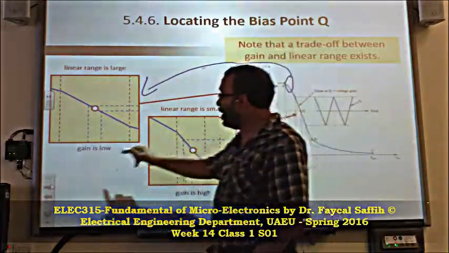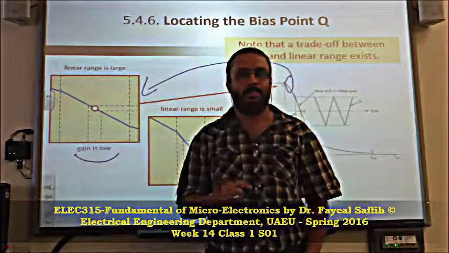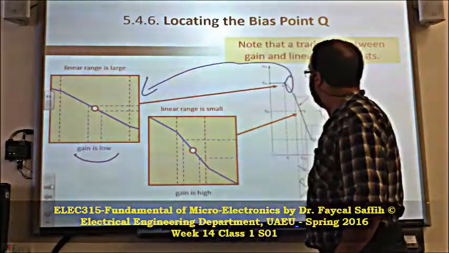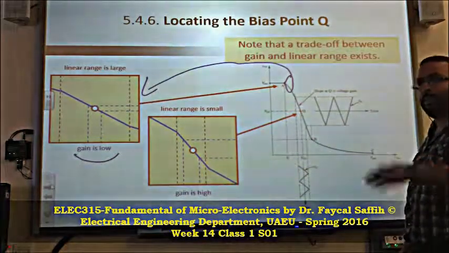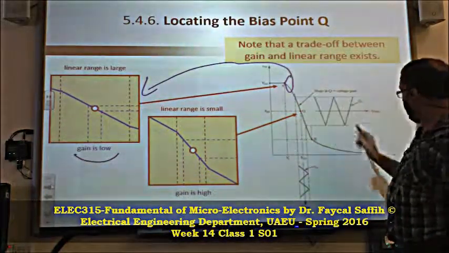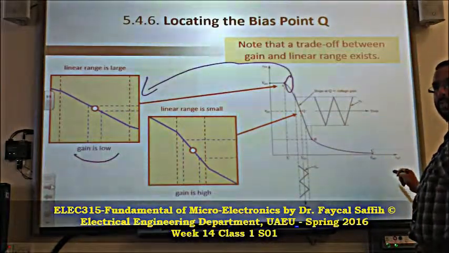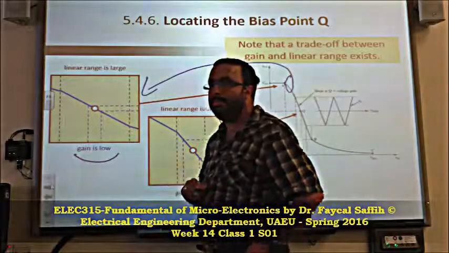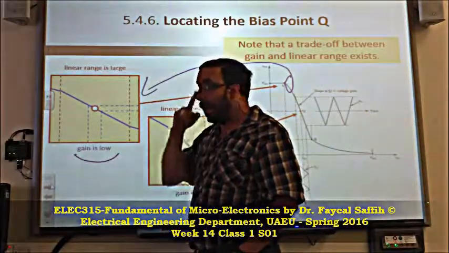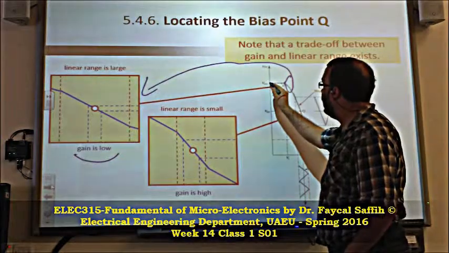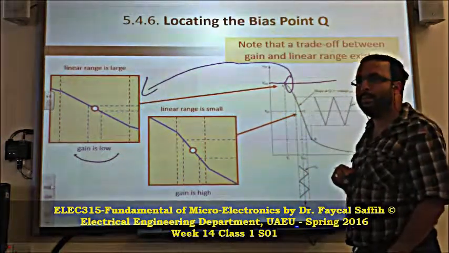So what does it mean? It means that the gain is low. My slope is small. That's why the gain is low. Because remember, he said a very good point. The gain is VDS over VGS, where this is the input. So the gain, which is the slope here, is really small. And what's the slope of this line at this point here? It is equal to 0.